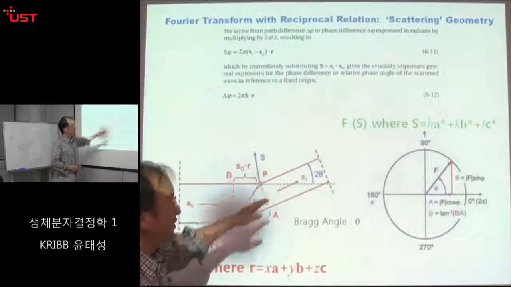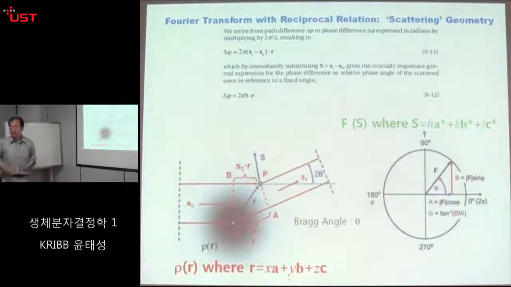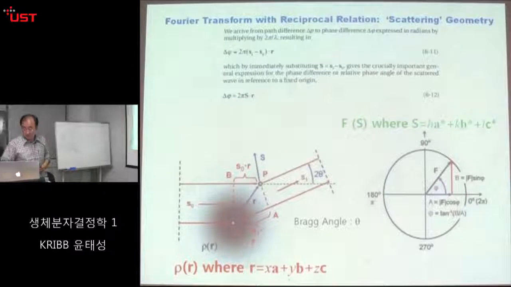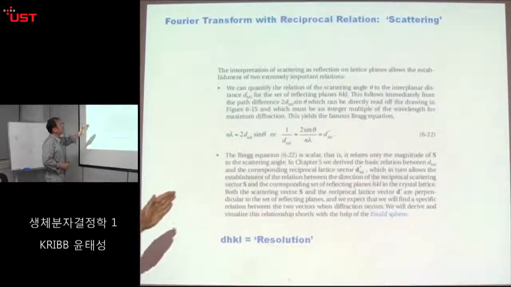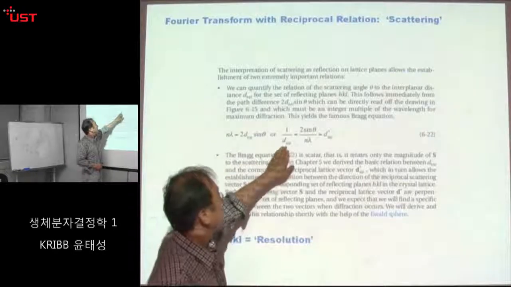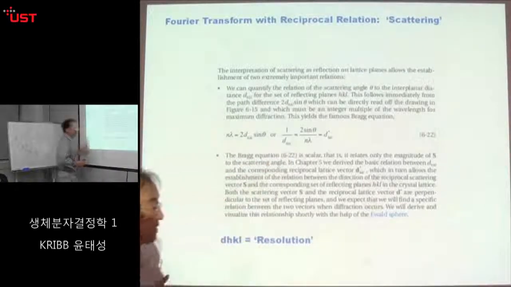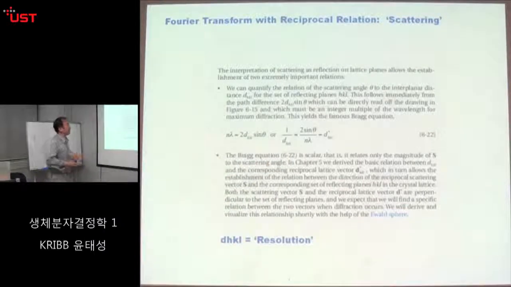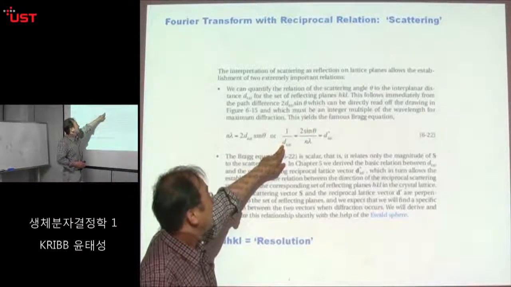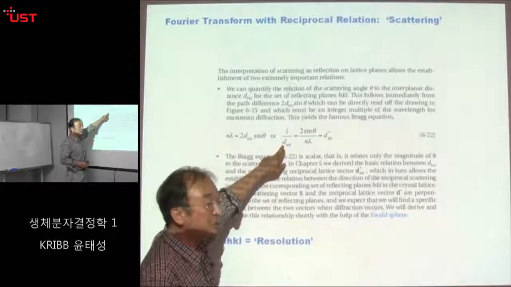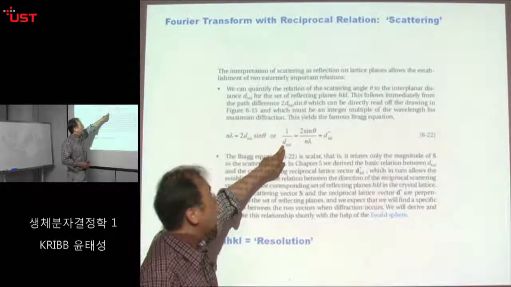So this theta has something to do with resolution. This is the so-called Bragg angle, and the spacing between equivalent planes is this one, and this is the so-called resolution in crystallography in angstrom.